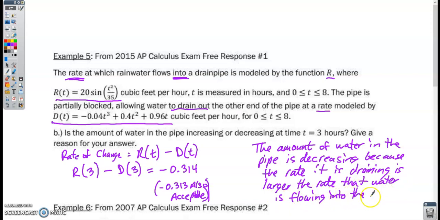Something along those lines. How exactly you explain that is up to you.